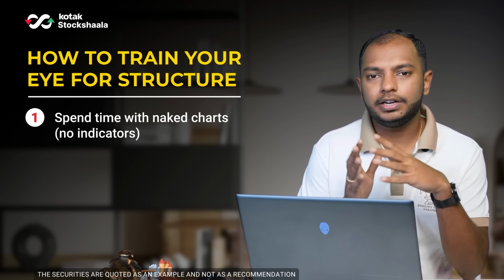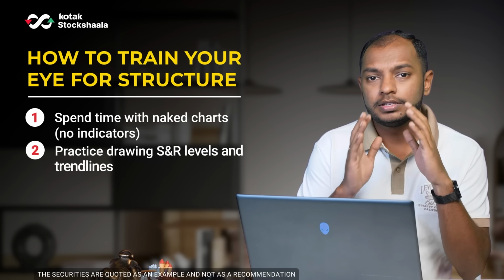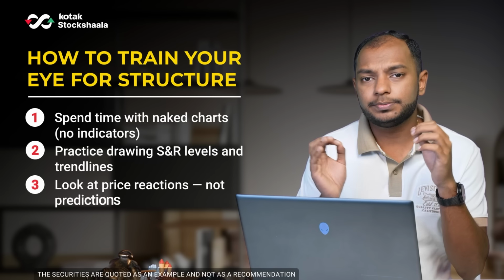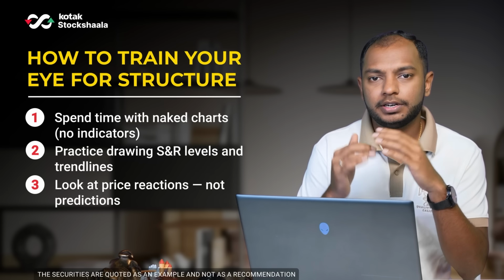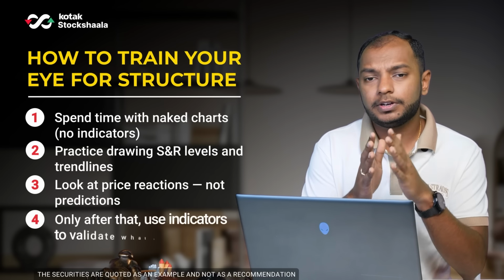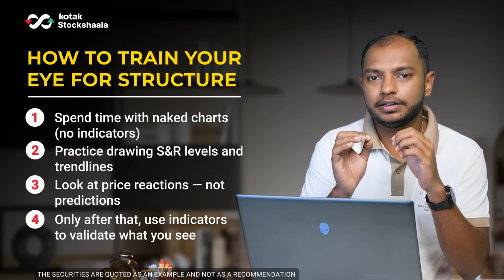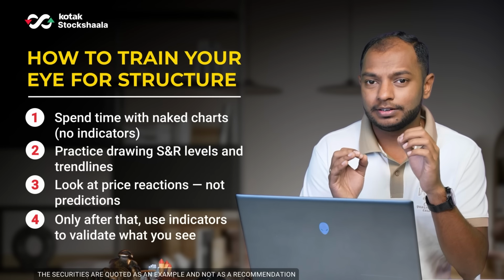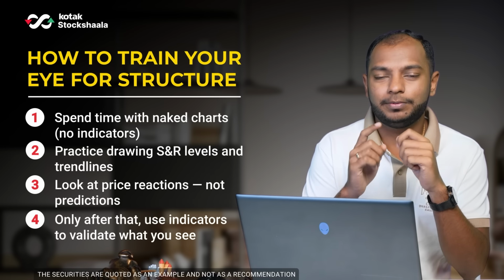Take out some time every day and practice to draw support and resistance along with trend lines. Look at how price behaves at key levels of support and resistance. Only after you have done all these things, then use indicators to confirm what you have seen. But if you reverse this order, then the markets will always keep tricking you.